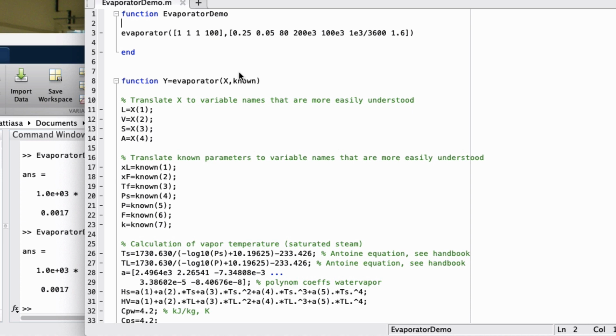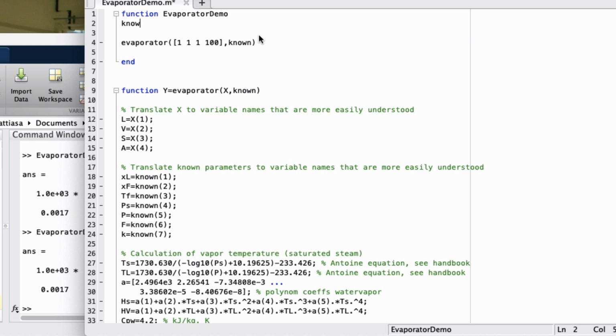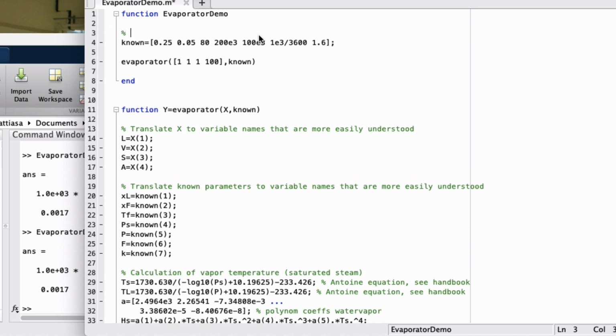Okay, let's put these things in here into a variable called known. Known equals this thing here. And perhaps we need a comment there.